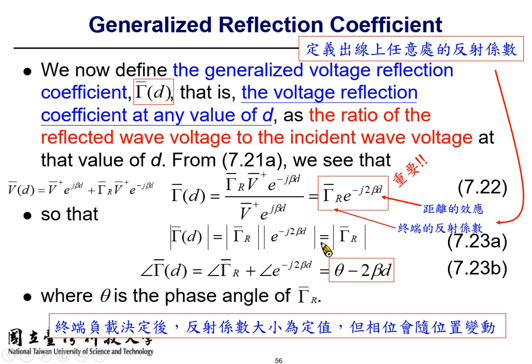So a number different from 0 and 180 degrees. So once the termination is determined, the reflection coefficient magnitude is a fixed number, but the phase will change as our observation point moves.